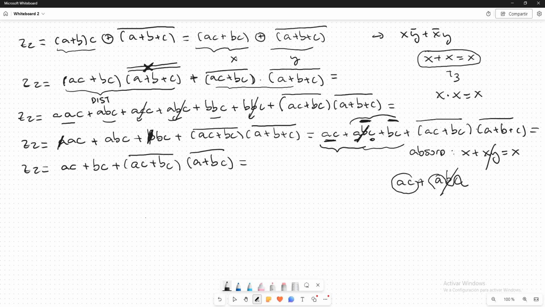And now we are going to process the other term, just applying De Morgan's law. Well, I have realized that I made a mistake when copying this. Sorry. This was like this. So this is going to be like this.